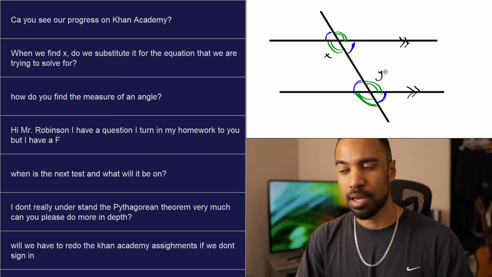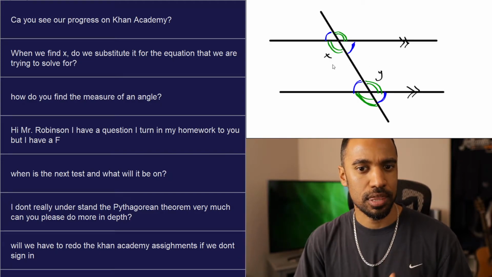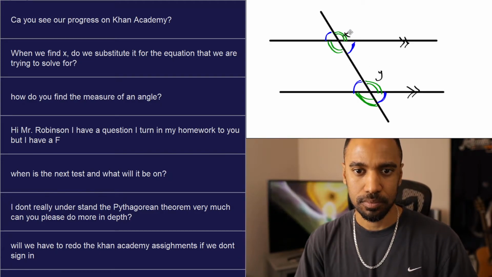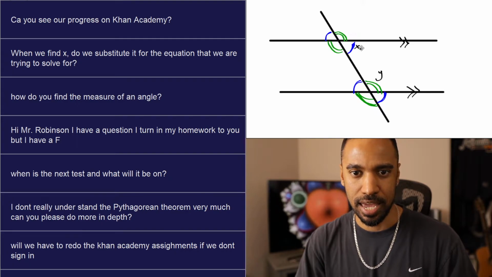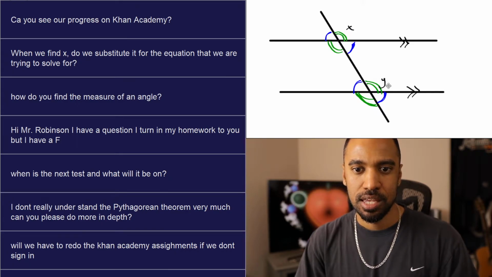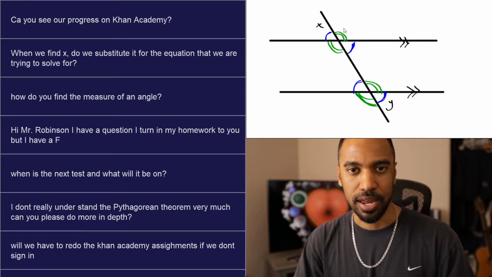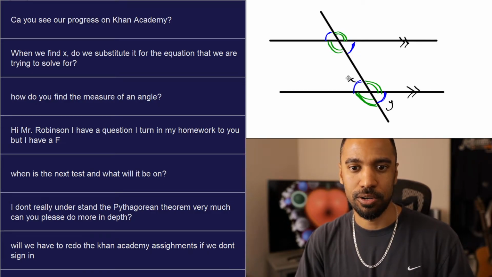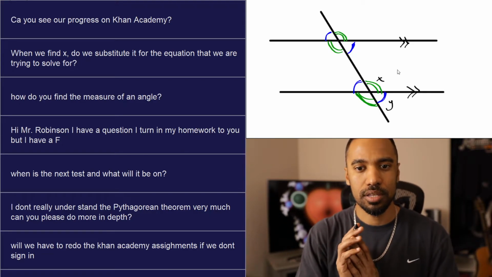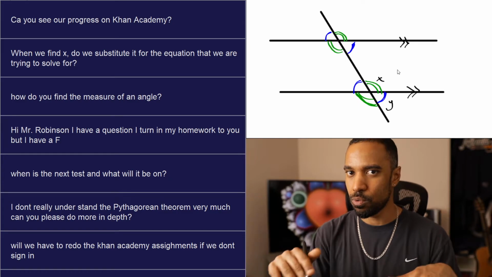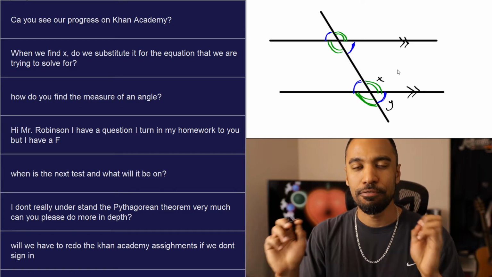I'm not going to go over why they are that, but try to think about how the names are said. Then there are same side exterior angles, alternate exterior angles, and then vertical angles and linear pair, for example. Those are all the different names you'd see, but either they're equal or they add to 180. So how do you find the measure of an angle?